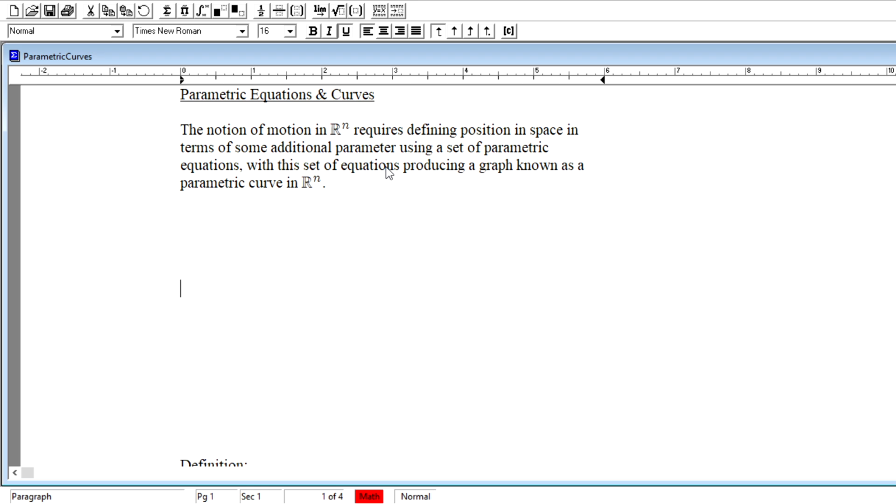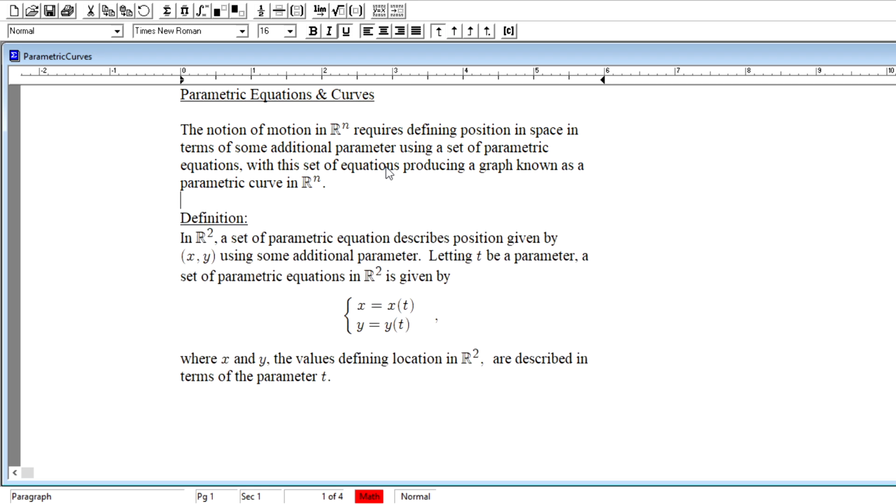This leads us to the definition of a parametric curve in 2 dimensions. We're going to spend our time really focused here in 2-dimensional space; we have yet to extend ourselves into 3 dimensions.